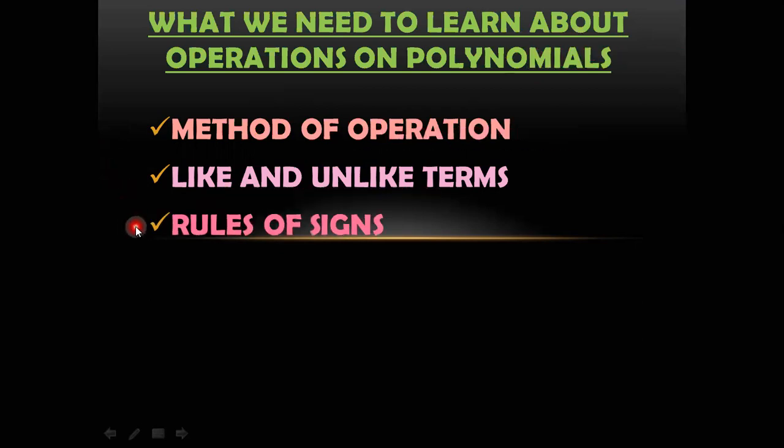We need to learn about the rules of signs, and we need to learn about the Bodmas rule. You are very much familiar with all of these things. In your previous classes, you have studied about these a little. The method of operation, like and unlike terms, rules of signs, and the Bodmas rule. Let's see a little more detail of these.